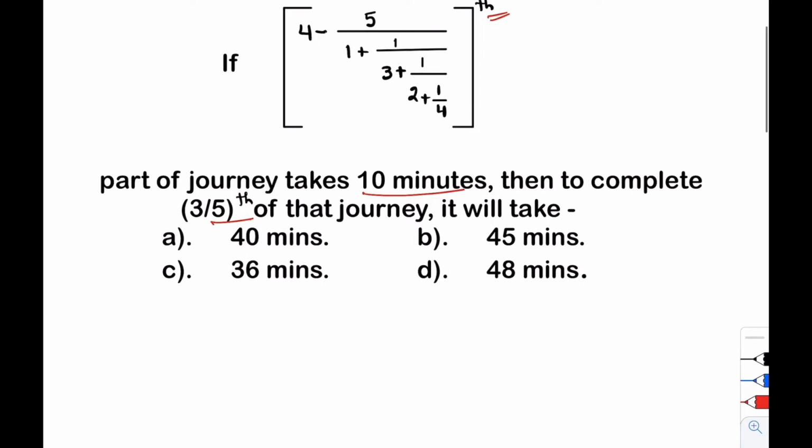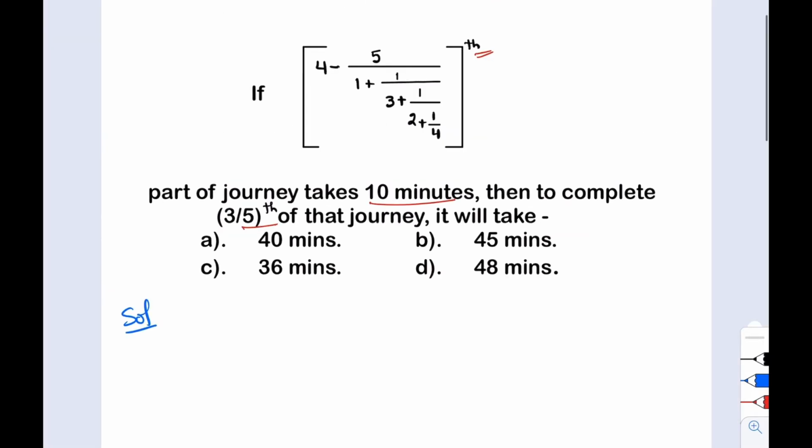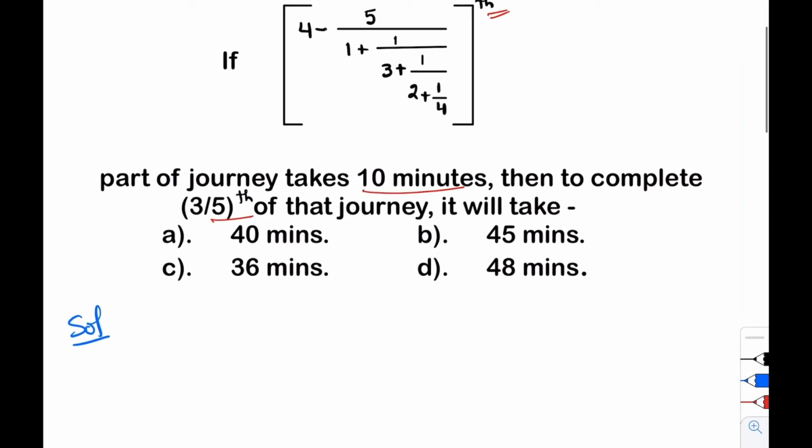So we are given 4 minus 5 upon 1 plus 1 upon 3 plus 1 by 2 plus 1 upon 4.